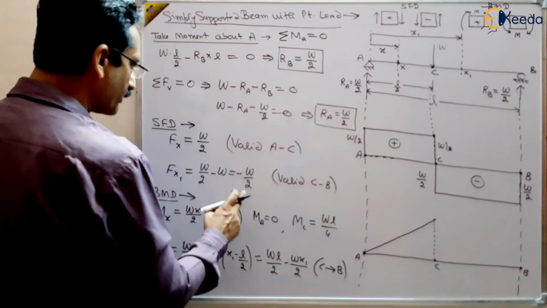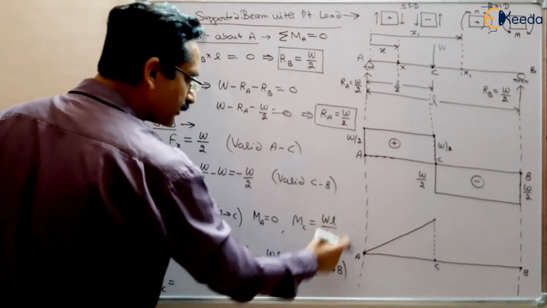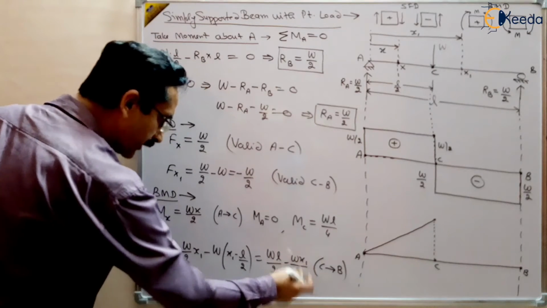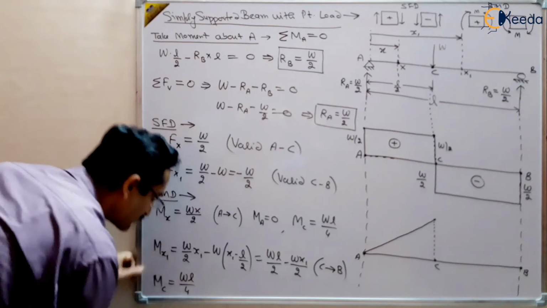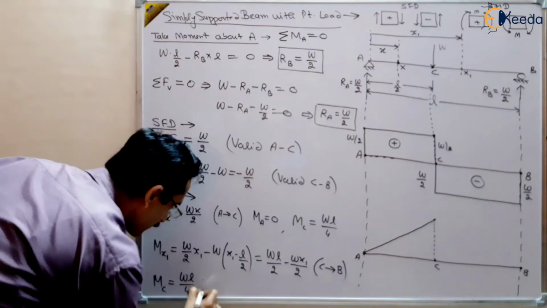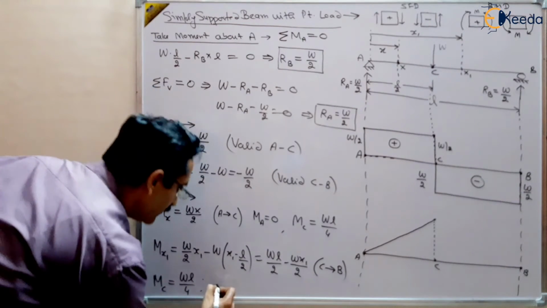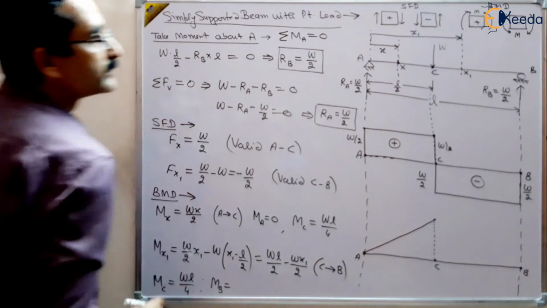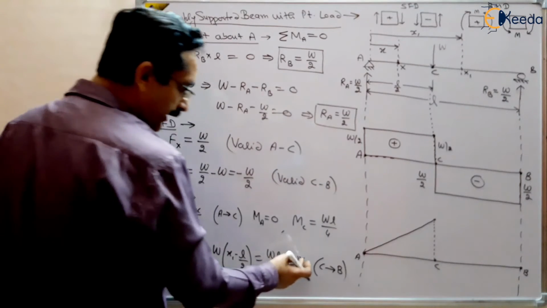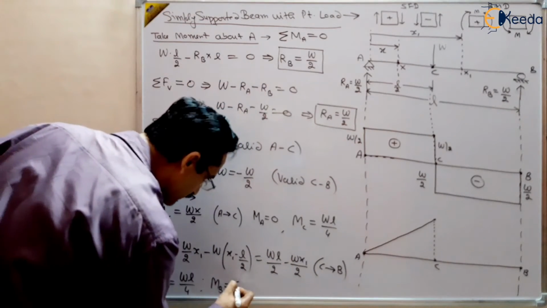We have already found out the bending moment at C is WL by 4. So you can put here L by 2 and you will get the bending moment as WL by 4 at C. And the bending moment at B, MB will be equal to, at B the x1 will be L. So you will put L and that will cancel out, that will be 0.